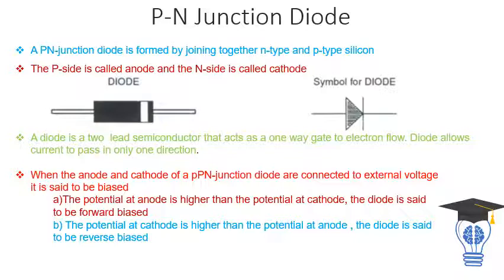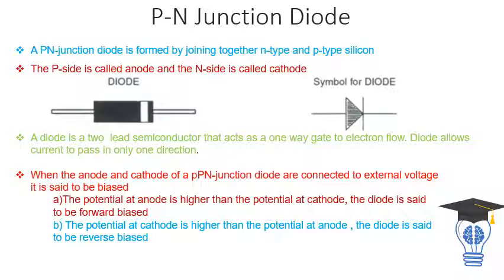Biasing of a diode is applying an external energy to the PN junction. If the positive terminal of the battery is connected to the anode, that is the P junction, and the negative terminal is connected to the N junction, that is the cathode, then the diode is said to be forward biased.